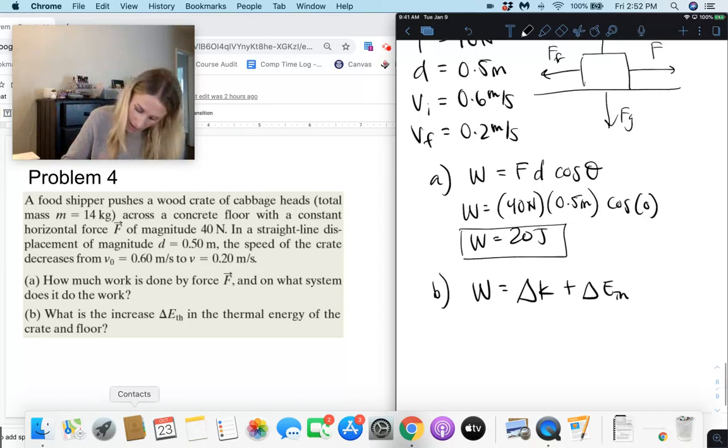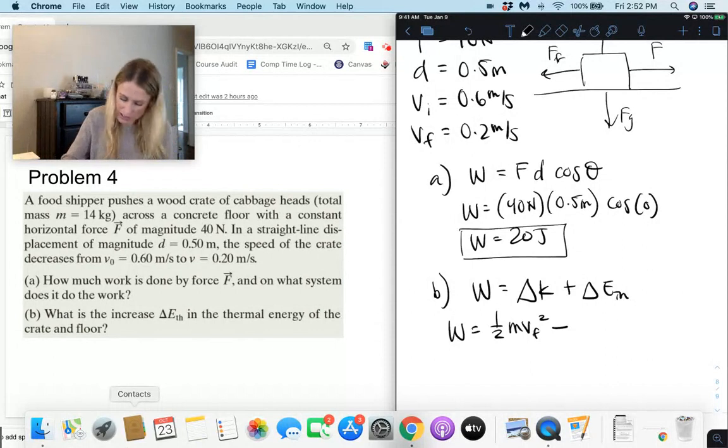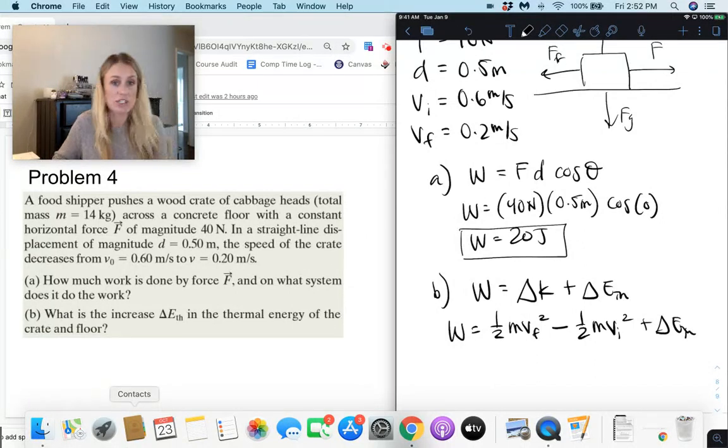So work is equal to the kinetic energy final, 1/2 times mass times final velocity squared, minus the kinetic energy initial, 1/2 times mass times initial velocity squared, plus the change in thermal energy. We are finding the change in thermal energy, so I'm going to solve this equation for it, and then we'll plug in our numbers.